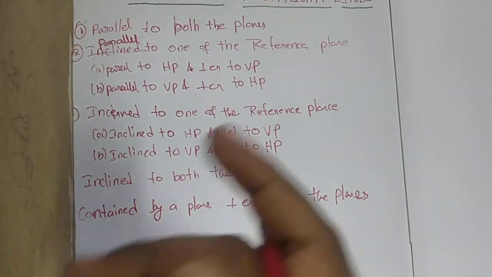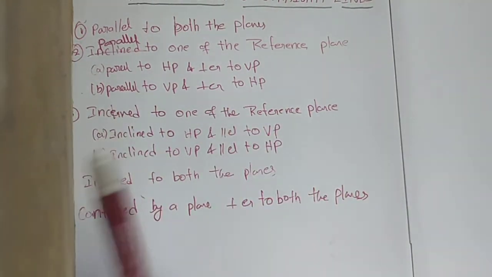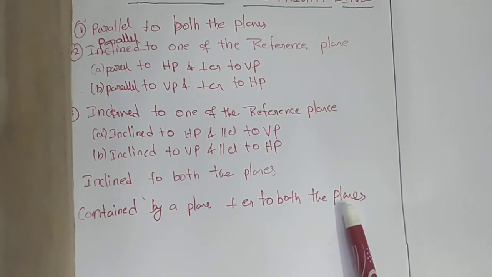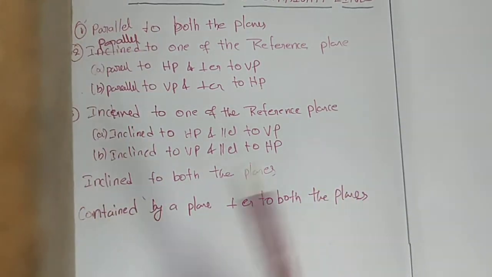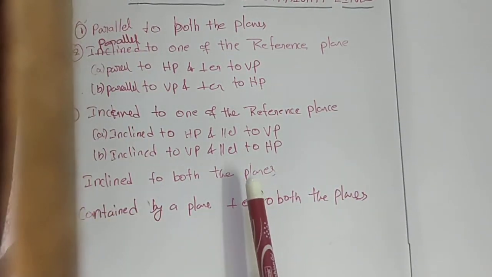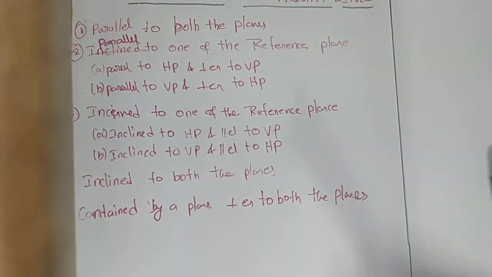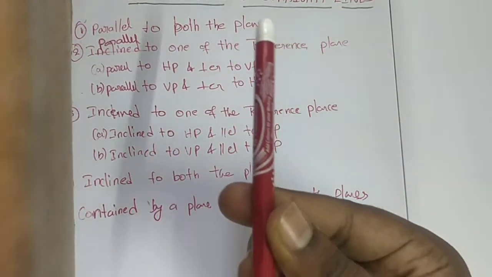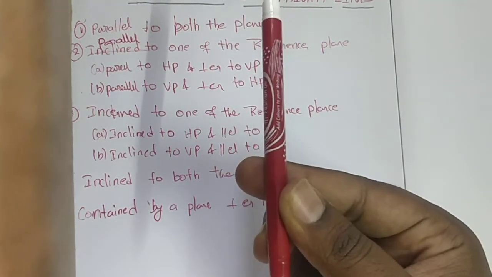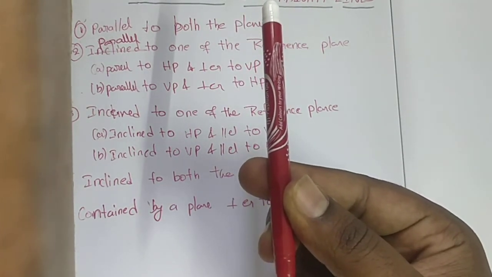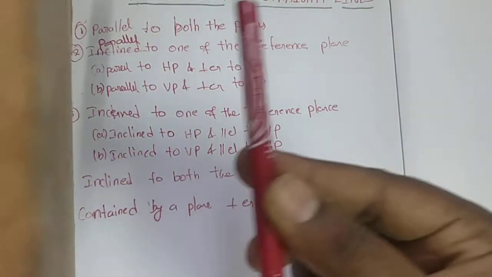This is the vertical plane and this one is the horizontal plane. The first condition is parallel to both the planes. Assume this is a straight line, which is parallel to HP and parallel to VP.